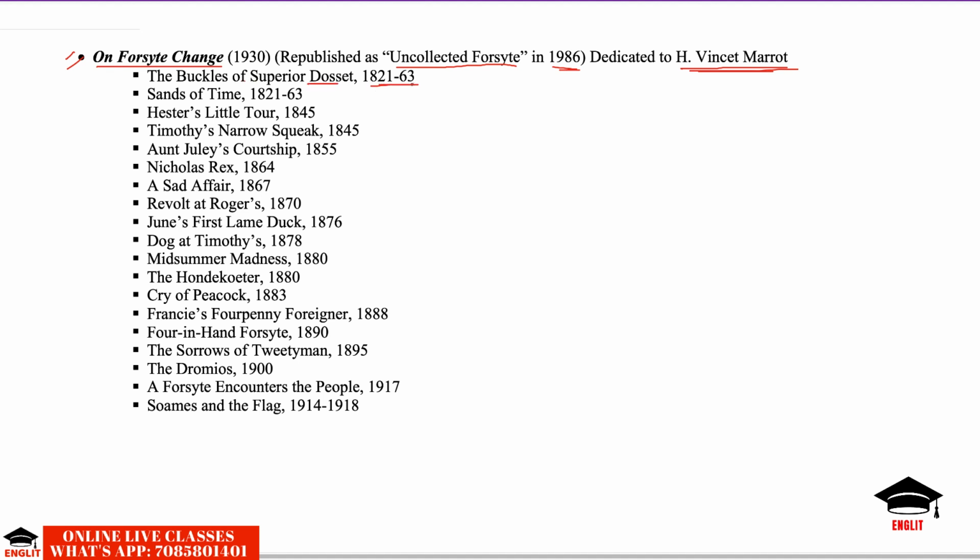This is not a publication date, that is the duration shown in the stories, and this is a time setting. The story deals with the time between 1821 and 1863. So all these are part of the title, not the separate date on which they were published. Sands of Time, this is important.